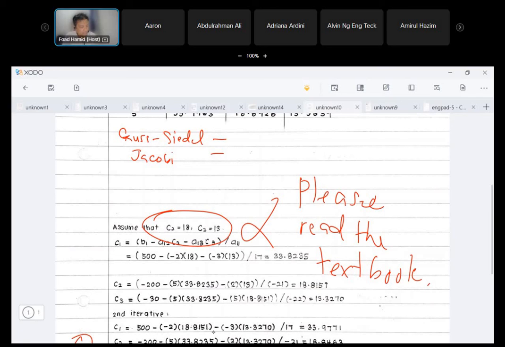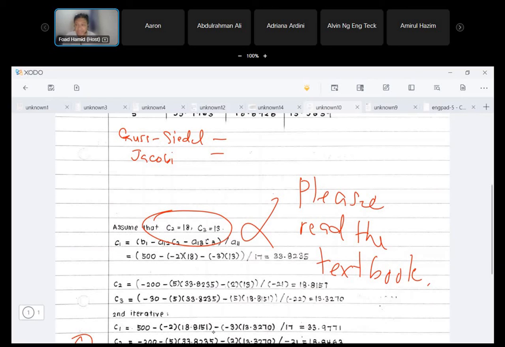In this case, the assumption is that C2 is 18, C3 is 13. My question is why you pick these numbers. Is this because from Gaussian elimination the answer is 18 and 13 for C2 and C3?